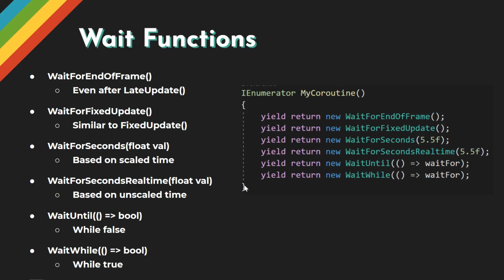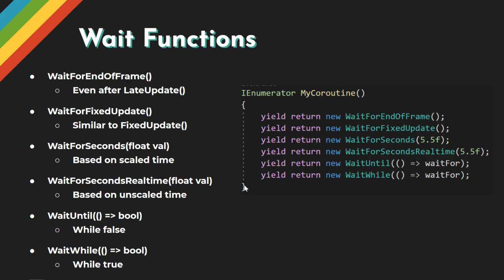And inside there, you can have it wait for a bunch of different things, which are somewhat similar to your updates. You have WaitForEndOfFrame, which occurs even after LateUpdate, so that will literally wait till the end of the frame before something occurs.